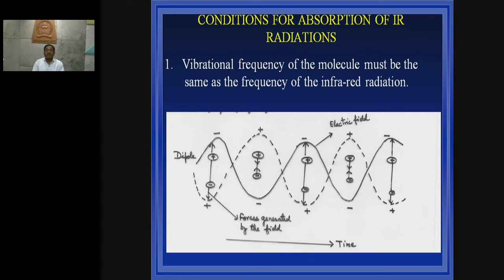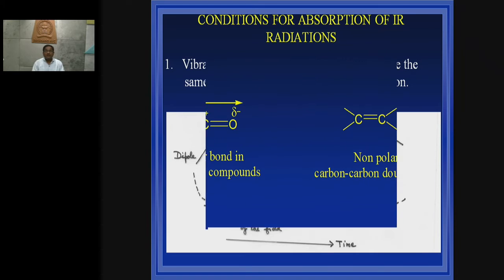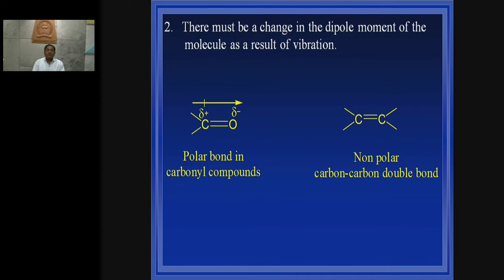You can see here, the vibrational frequency of the molecule must be the same as the frequency of infrared radiations. That is the first condition. And I have already told you the second condition: there must be a change in the dipole moment of the molecule as a result of vibrations. You can see two examples here. One is carbon double bond oxygen.